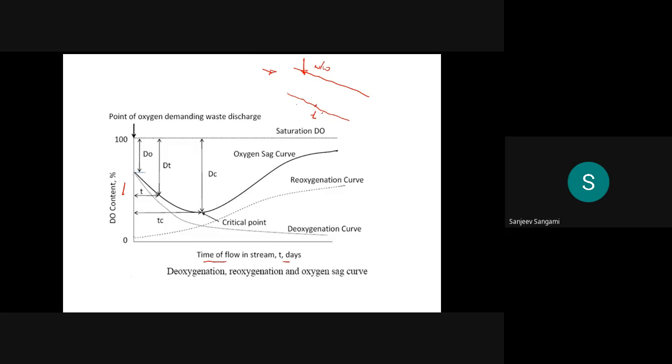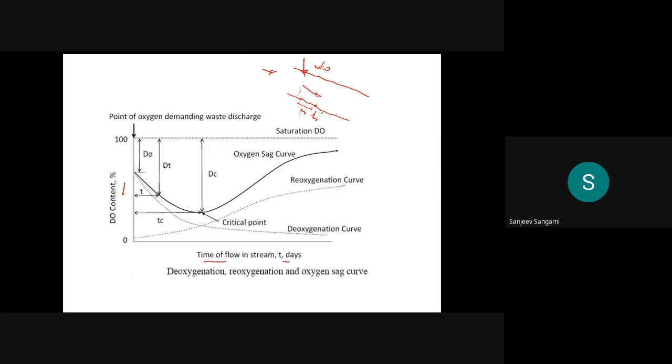Assume that this is one point, and this is x1 distance, x1, and you can take it as T1. Means if whatever the wastewater, if you are releasing at this point, it will travel up to some distance of x1 and it is taking time of T1.